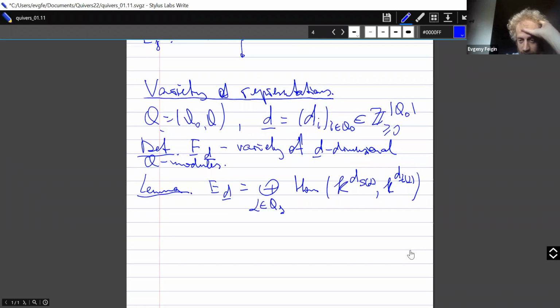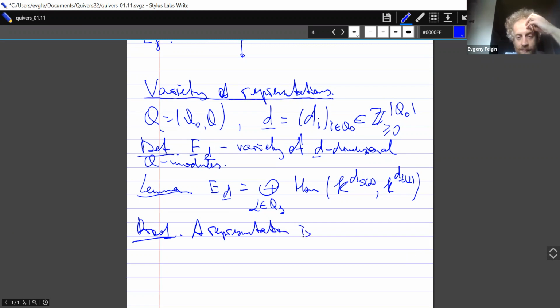The proof is that the representation is fixed as soon as all the maps are fixed.